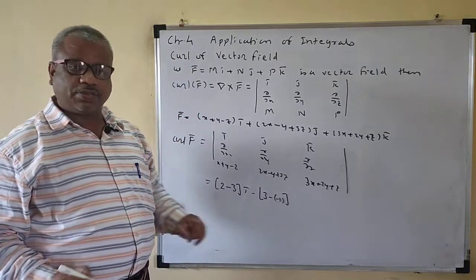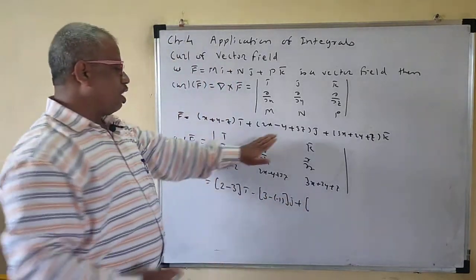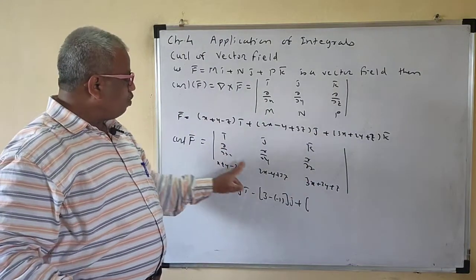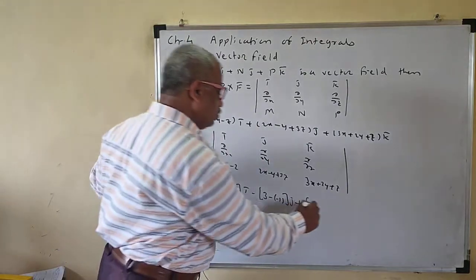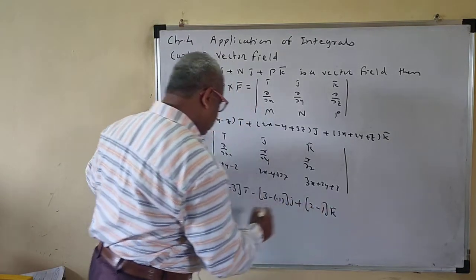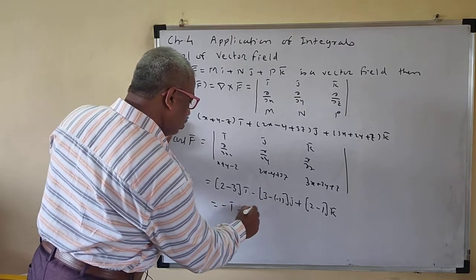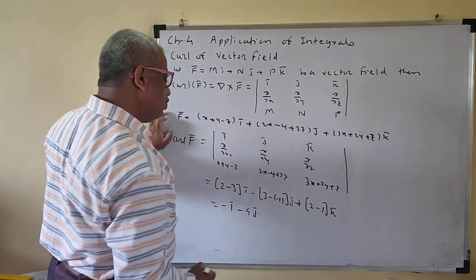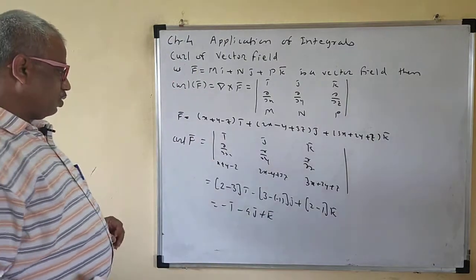You have to take care of the minus sign. So minus 4 j bar. Then drop this column. Dou by dou x of this is 2 minus dou by dou y of this is 1, so k bar. So this is minus i bar minus 4 j bar plus k bar. This is the curl of this.